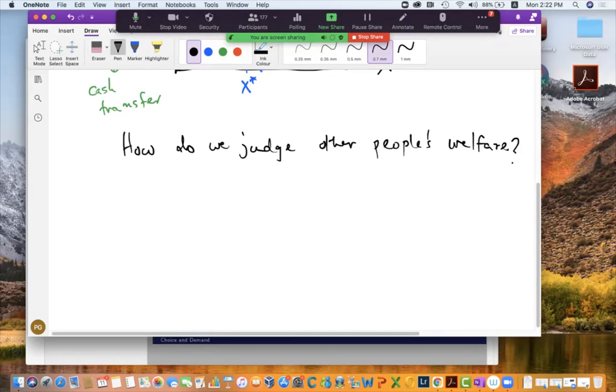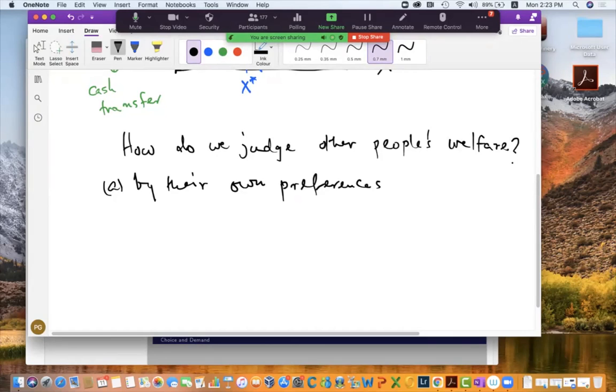So that's one possible approach. We can judge their welfare by their own preferences or utility function. We can adopt the posture that I'm not going to impose my values and my tastes on somebody else. Whatever they themselves consider good for them is good for them in my view.